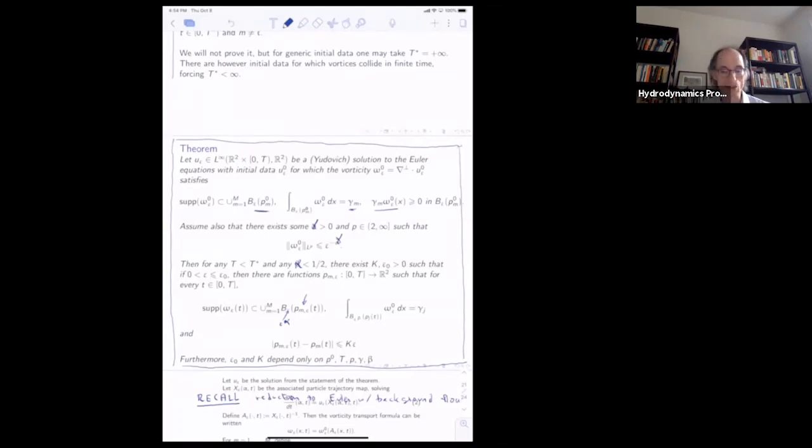Okay, and so we'll have to do that next time, but this will turn out to be a pretty easy corollary of what we've done, which is to analyze the system of Euler with the given background in considerable detail. So to control the dynamics, we have control of the growth of the second moment and the distance of the center of vorticity from the ODE trajectory, and the growth of the size of the diameter of the vortex blob. And so we'll have to wait and do that next time.